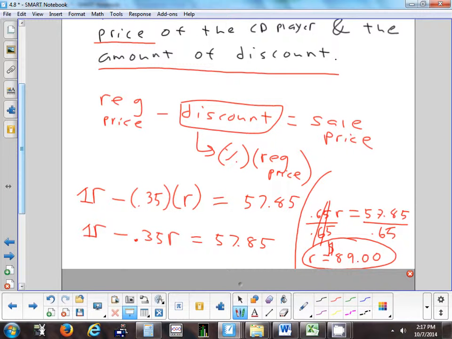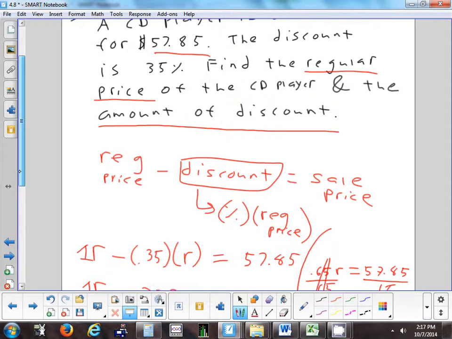All right. So how do you find out how much money you're saving? You know the sale price of the item. You know the regular price. What would you do? Well, if an item is on sale for $57.85, and if it wasn't on sale you'd be paying $89, what would you do with those two numbers? Subtract them.